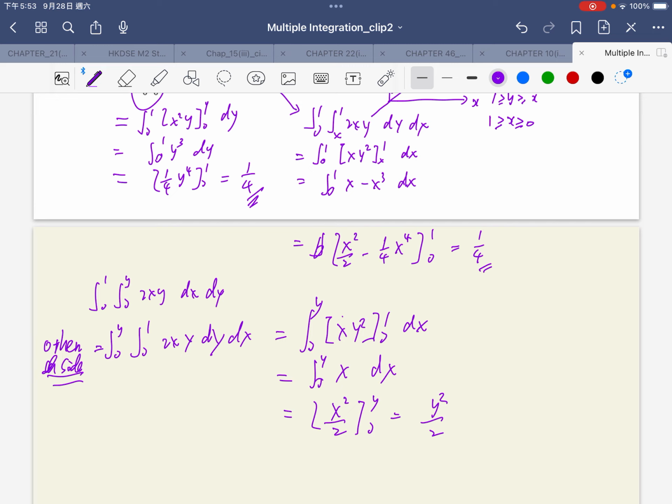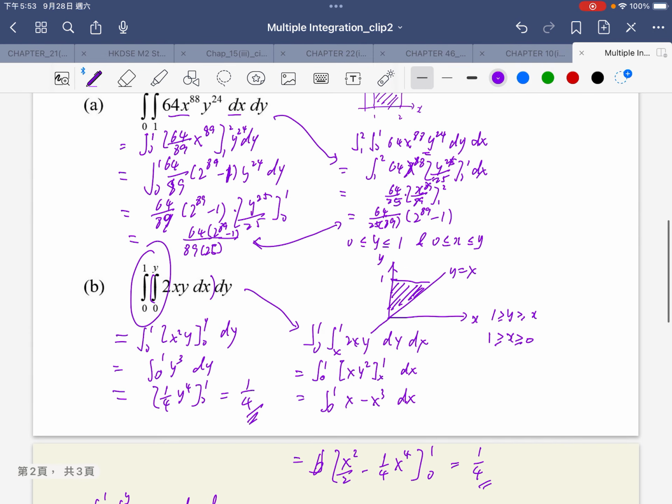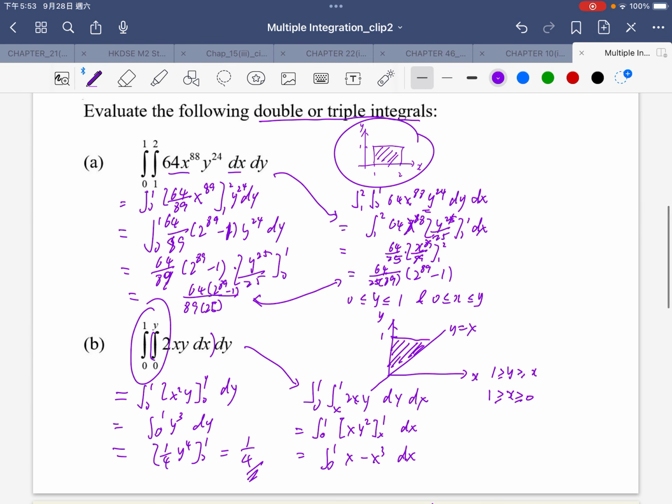Okay, I hope you can understand the difference between when we can legally change the position and when we cannot. In general, if there is a rectangle, or for triple integration, if the upper bound and lower bound are constant, then we can change the position in any direction. This is legal.